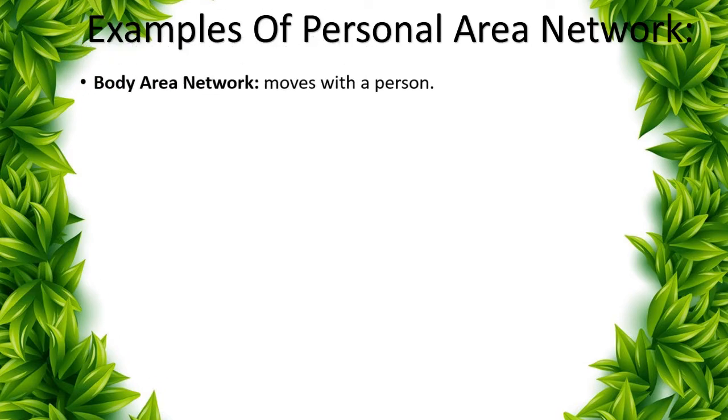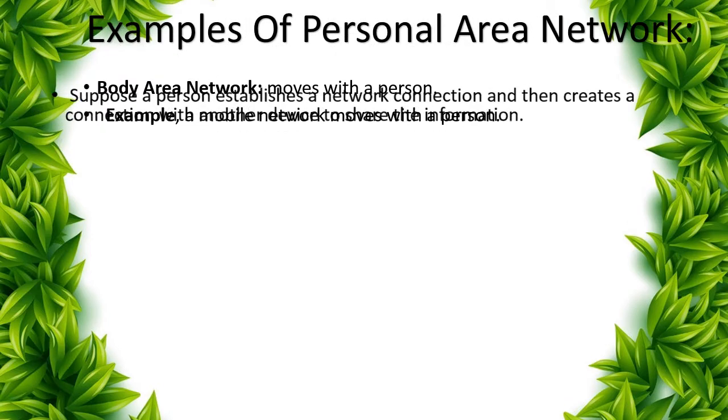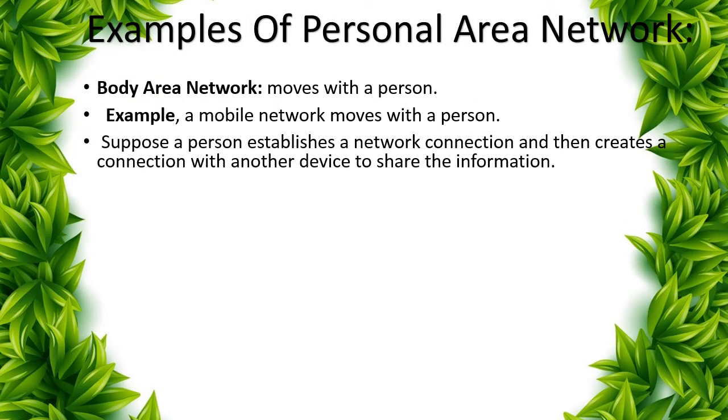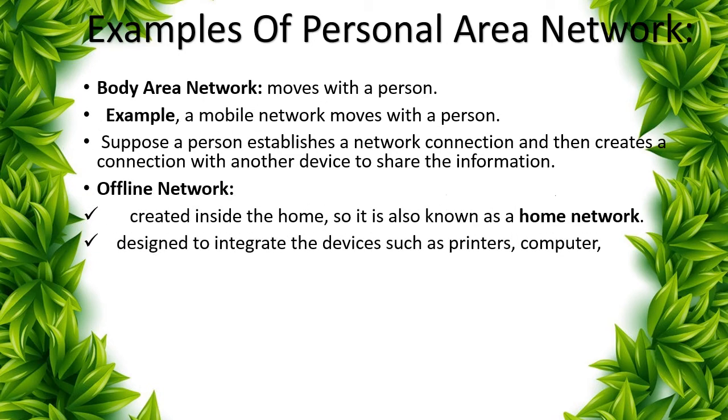The body area network is one example. Since we are carrying the mobile, right? That is a body area network example to share information. There is also an offline network without internet connections, where we can do some work, like home work. You can use a network to integrate devices like computers, printers, and keyboards.